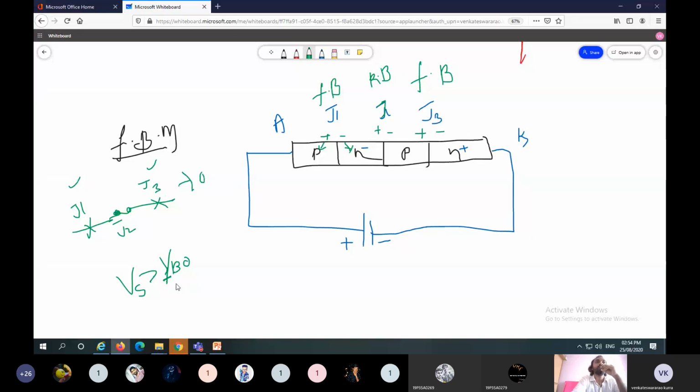If the supply voltage is less than VBO, the device acts as an off switch due to the reverse bias of junction J2. If we increase the supply voltage beyond VBO, the depletion layer width at junction J2 decreases, and it starts conduction and will be turned on.